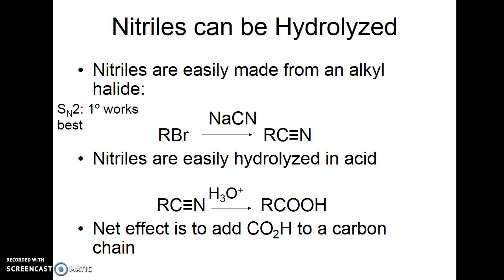Remember that when we do nitrile SN2, you have to have an unhindered carbon. So primary works best, secondary is okay, but primary does work best. If you have a tertiary carbon, the sodium cyanide is going to be basic enough that you're going to have some elimination occurring.